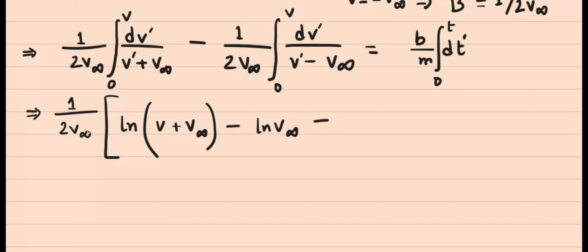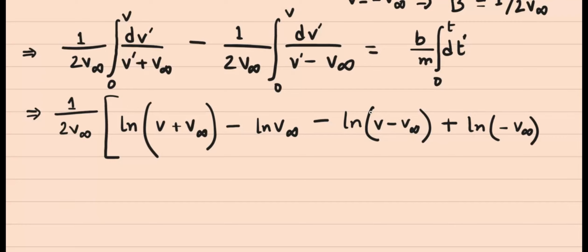Similarly, minus log of v minus v infinity, and then plus in this case, log of minus v infinity. Don't worry about the minus sign because v infinity is not the one to be responsible for this. Remember, we forcefully pulled out a minus sign, so that's what this minus sign is for.